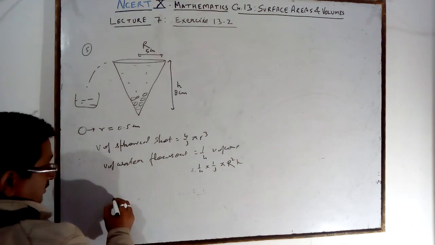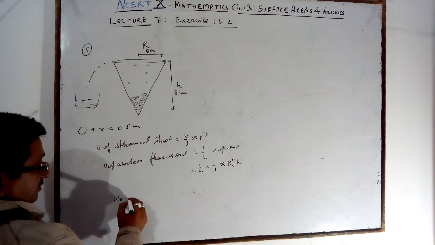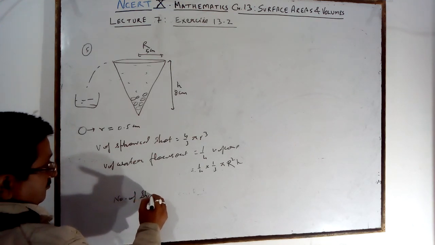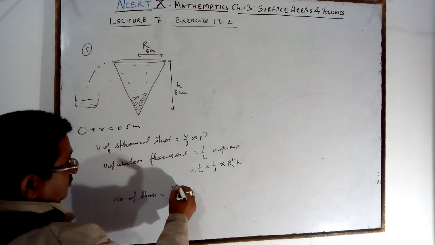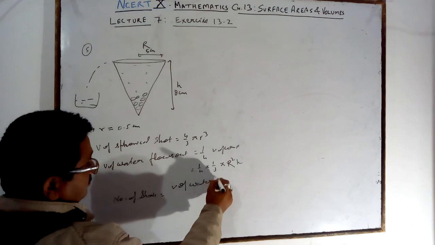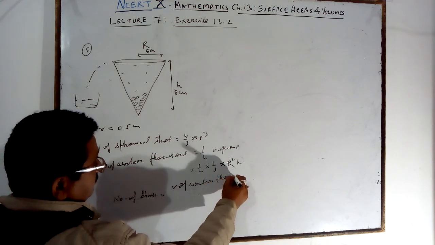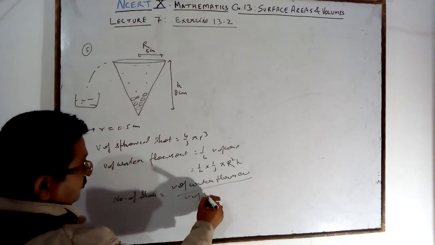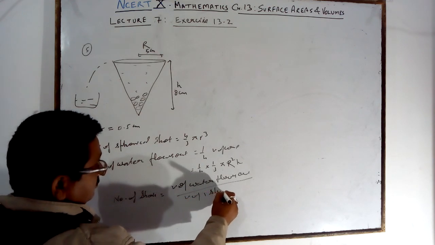So, the number of lead shots is equal to the volume of water that flows out upon the volume of one shot.